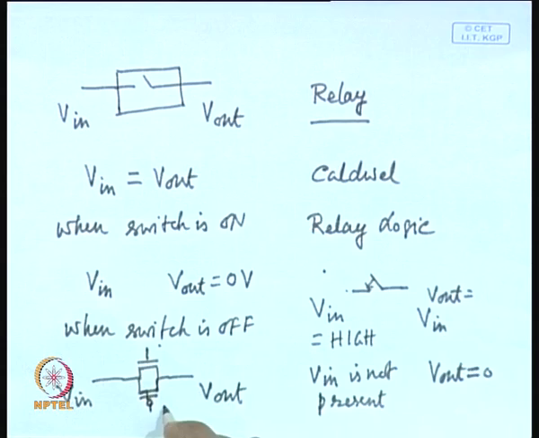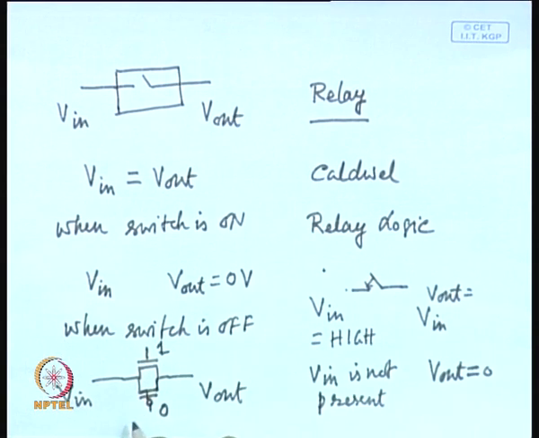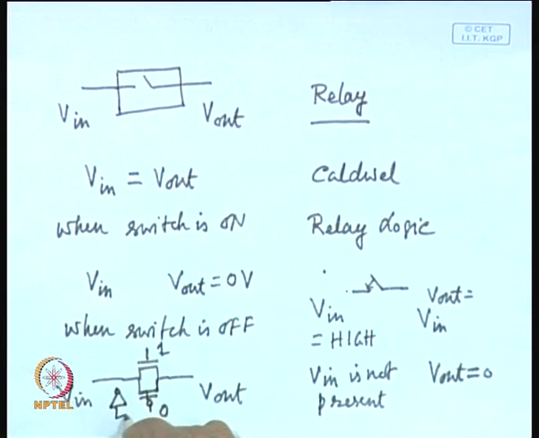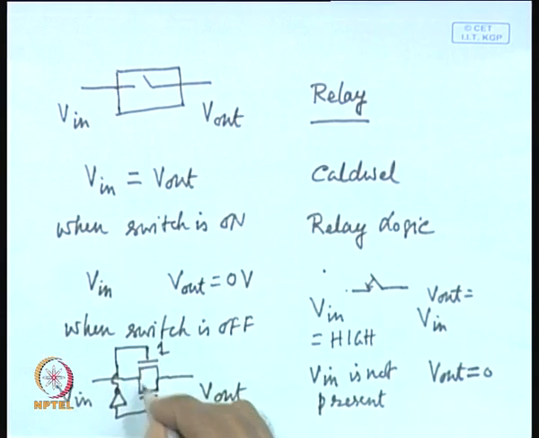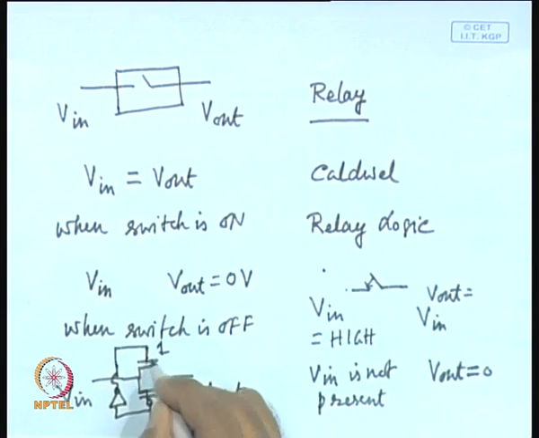That means, if you apply 0 here, you have to apply 1. That means, you may have to use an inverter, and if this is the control signal coming from some other source, to apply to the two gates. So, you require either complementary signals, or you have to use an inverter to complement the control signal to be applied to the other input.